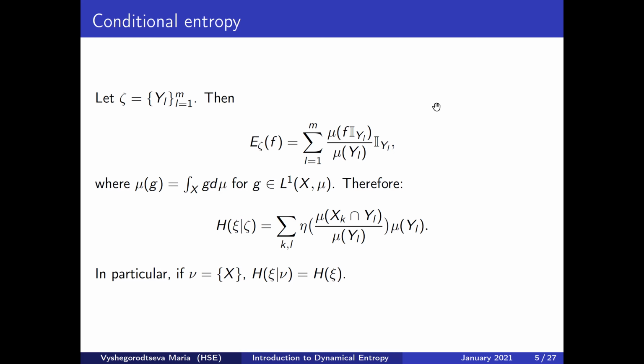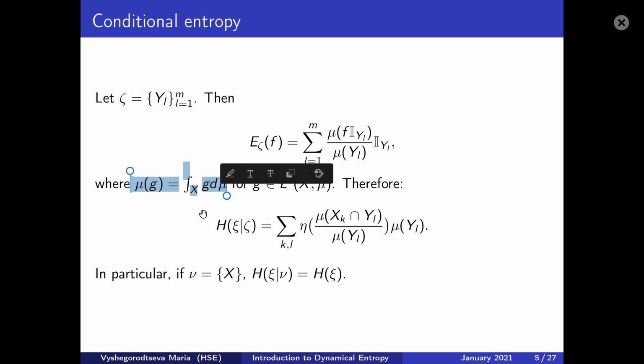Here mu from g, the measure of g, is the following integral that you can see. And therefore we derive the definition for conditional entropy.